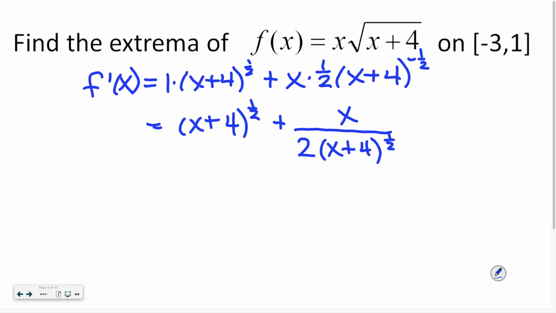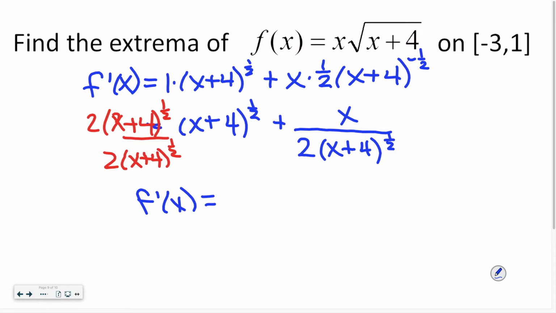So in order to get one fraction, what are we going to have to do? We are going to have to make common denominators. So this has a denominator of 2 times x plus 4 to the 1/2, which means this also should have that denominator. Now this is nice though, right? It works out for us algebraically because what happens when we take x plus 4 to the 1/2 times x plus 4 to the 1/2? x plus 4 to the first power.